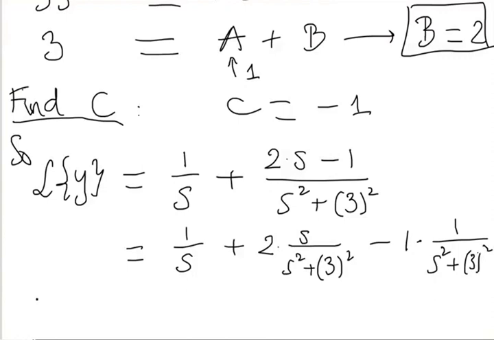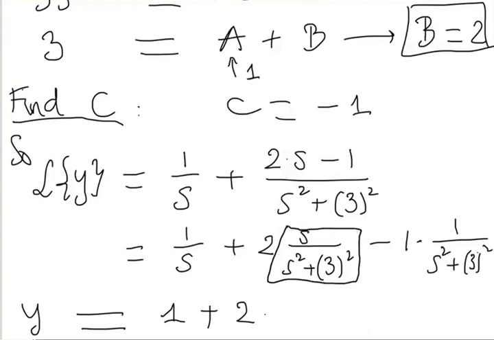Now using the inverse Laplace transform, the inverse Laplace transform of 1 over s is nothing but 1. And then we have 2 times the inverse Laplace transform of the fraction here. If you look back at the table of Laplace transforms, we have s divided by s squared plus beta squared is going to be cosine of beta x, where beta is 3.